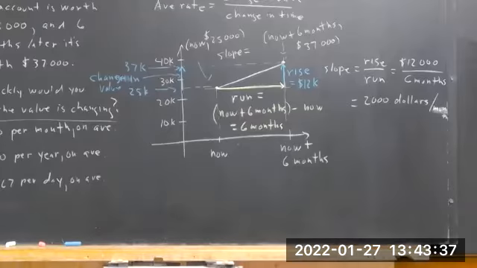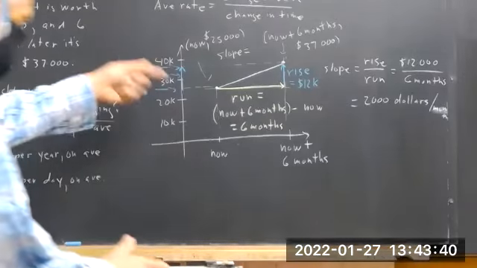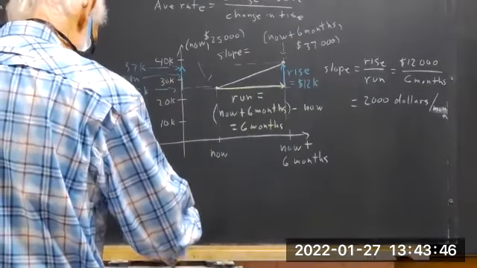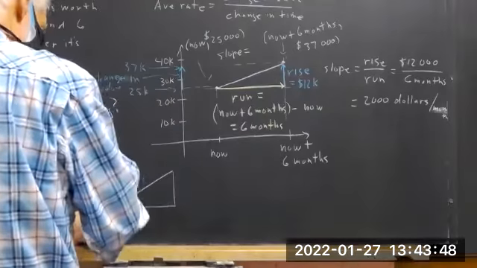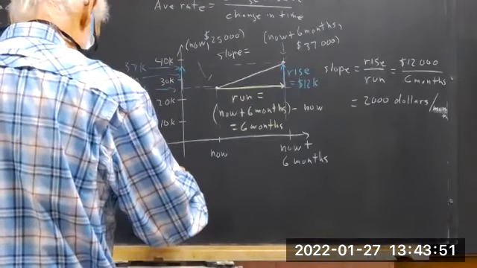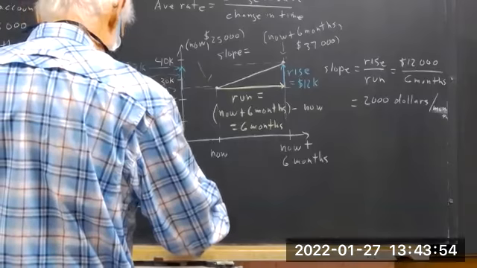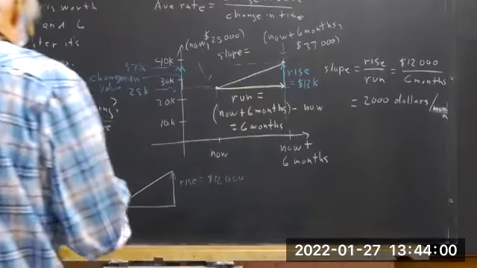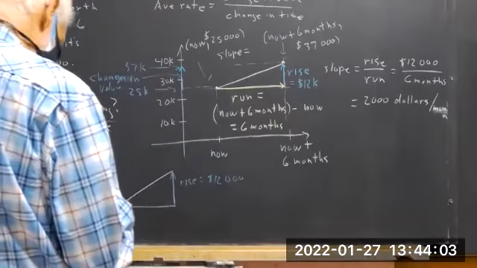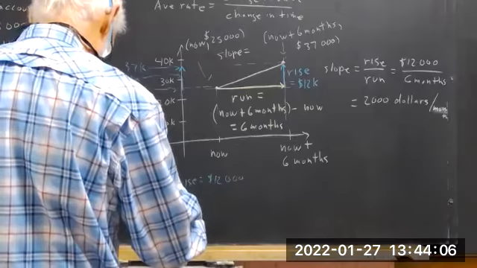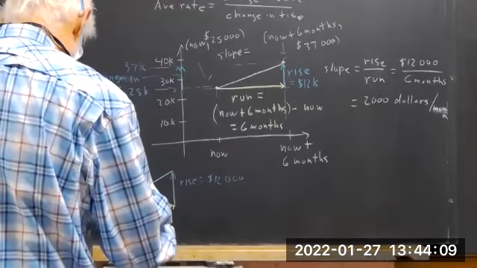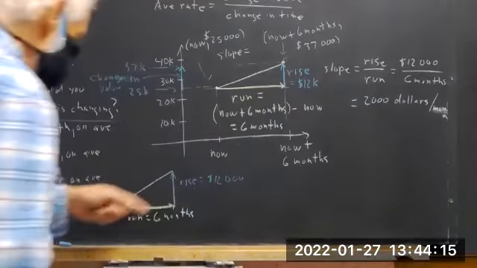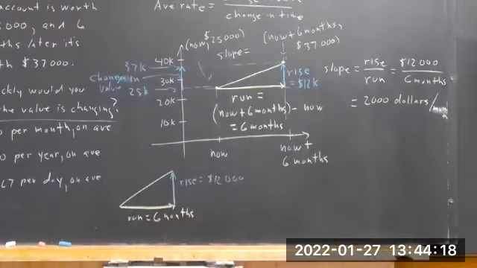Now, I can take this triangle and write it anywhere. Now I can write the triangle here. Okay. Here's your rise, your $12,000, your run is 6 months.